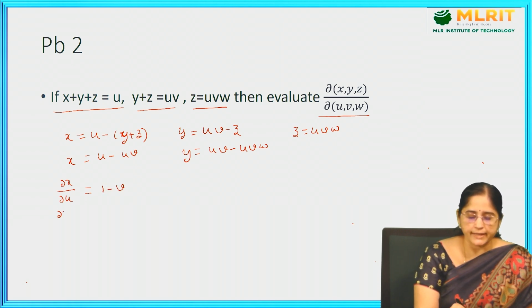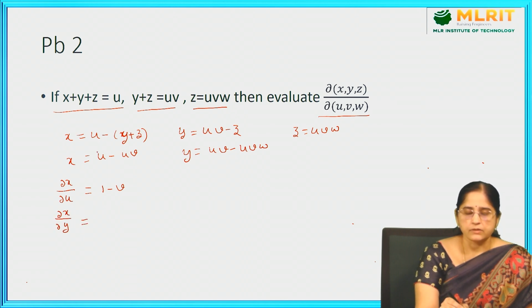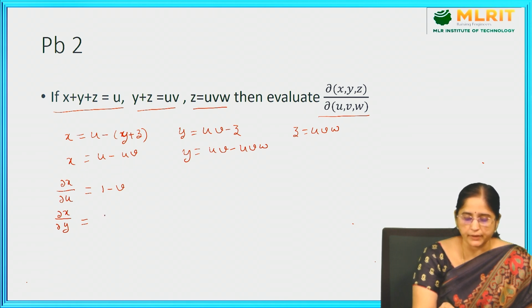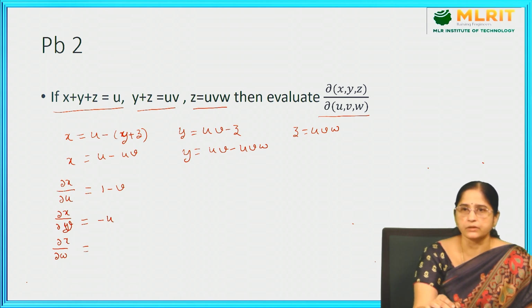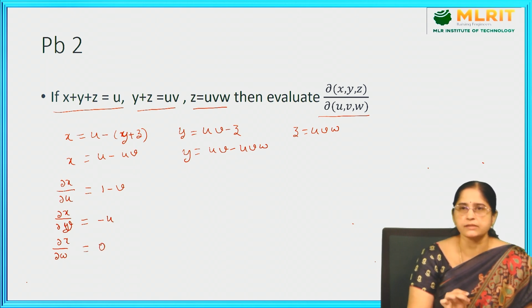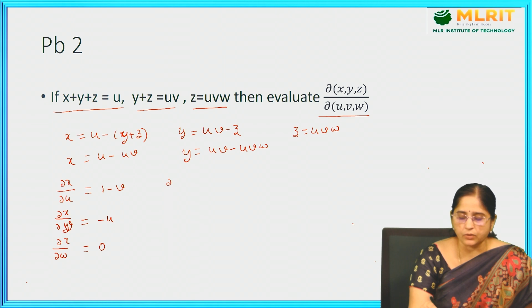Next, ∂x/∂v equal to, derivative of u is 0, derivative of v is 1, minus u into 1 is minus u. Next, ∂x/∂w. With respect to w, there is no w term, that's why that value is 0.